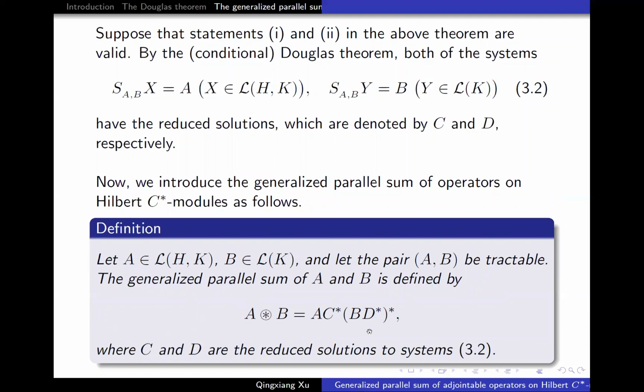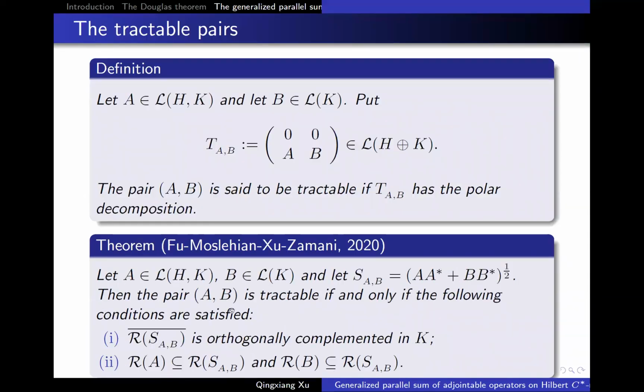So it's somehow similar to that of Anderson-Duffin, but there's some difference because the Douglas theorem is not always true in the Hilbert module case, and also the polar decomposition is not true for general adjointable operators. So we need another additional condition that the pair A and B should be tractable. That is, these two conditions have to be satisfied.